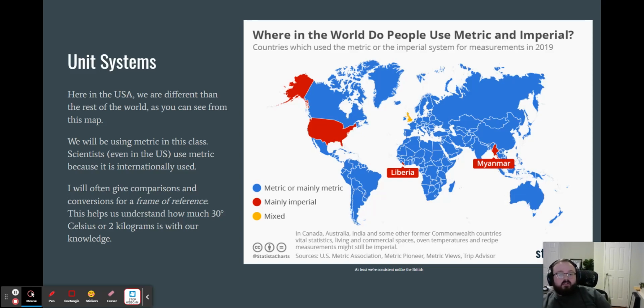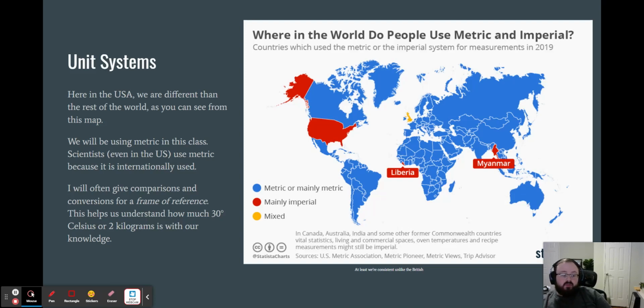They are in red. There are three of them. There's the UK. They actually do it worse in my opinion because they use a weird mixture of stuff. You'll see liters, but also miles. We're not worrying about that.